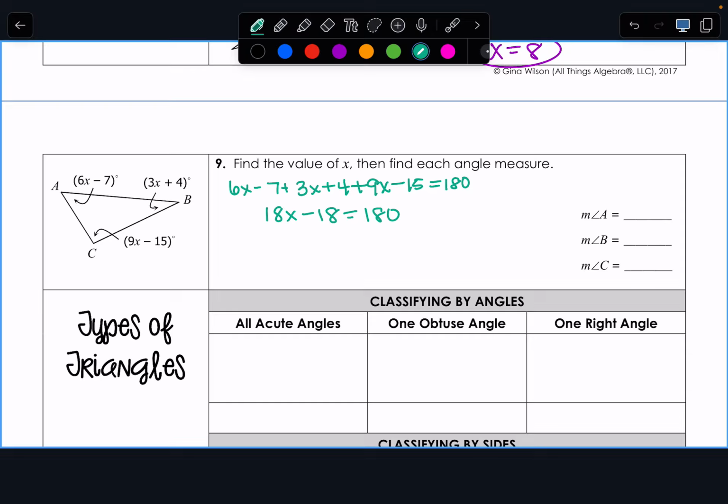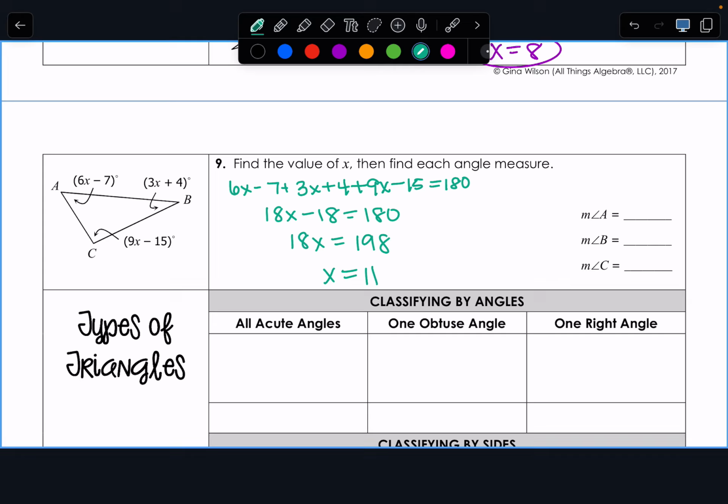Okay, so when we combine like terms, you should have gotten 18x minus 18. So 18x equals 198. So x equals 11. Now, what if I want the measure of angle A?